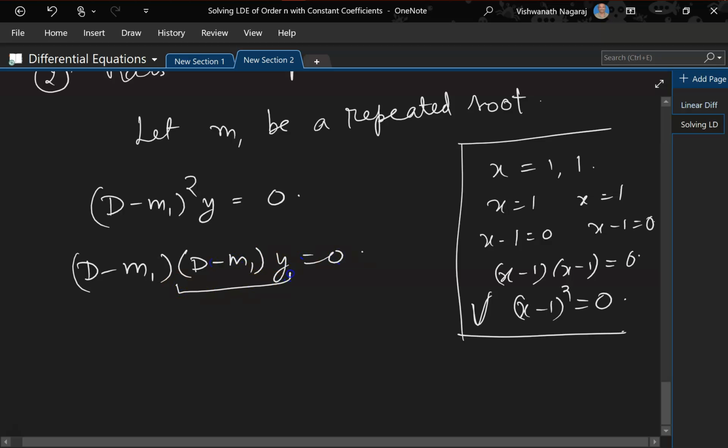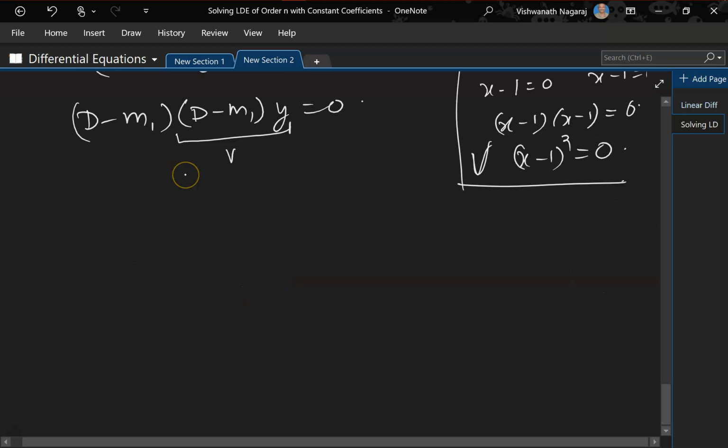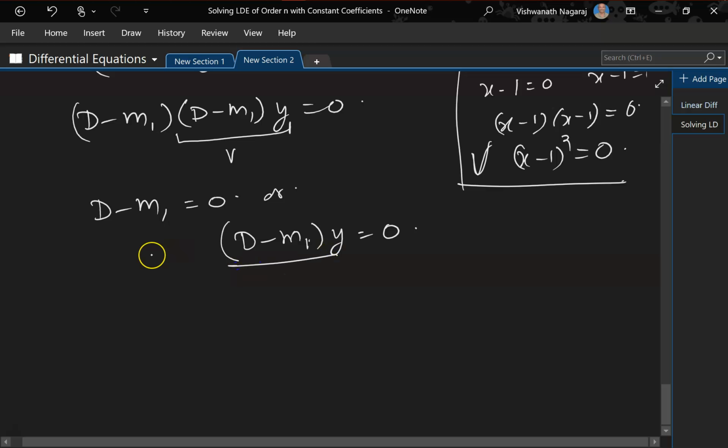Now let's treat this as, let's say, v. Which means again, by theory of equations, the reverse logic of this means that D minus m1 equal to 0 or (D minus m1) y equal to 0. And in this case, let's say this is v.